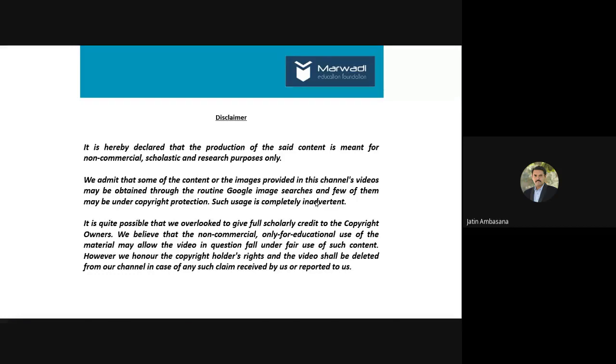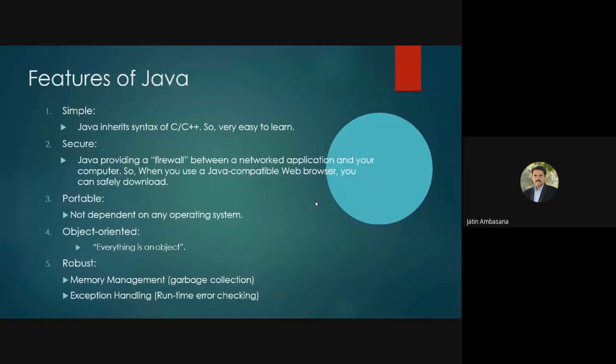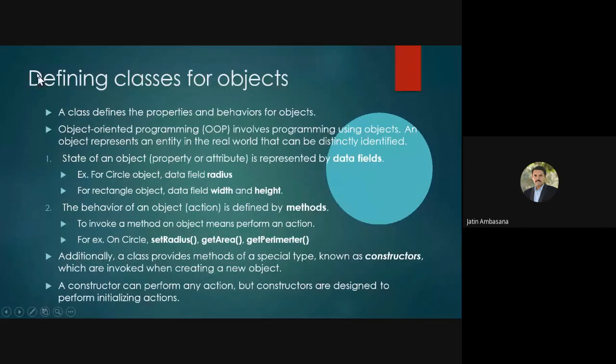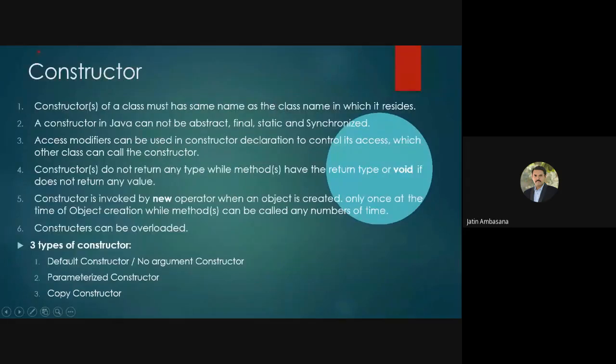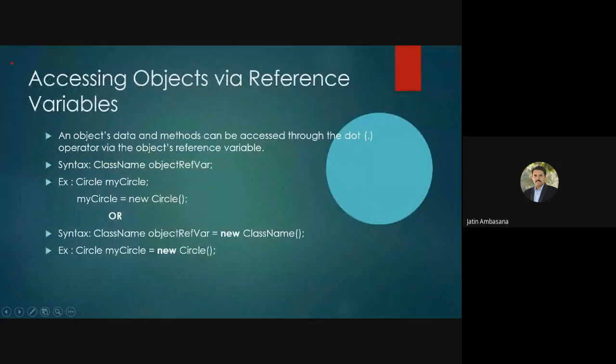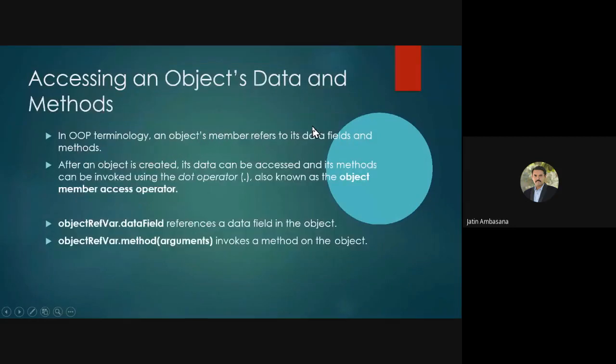Okay, so in this session, up to now, what we have done is we have learned what the features of Java are, what the OOP principles are. Then we saw how to define classes for objects, how to define various constructors, and how to access objects via reference variables, that is, the data and methods, the members of the object or the members of the class.